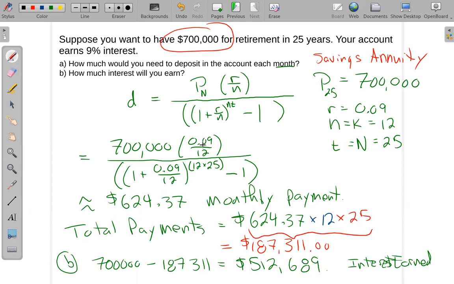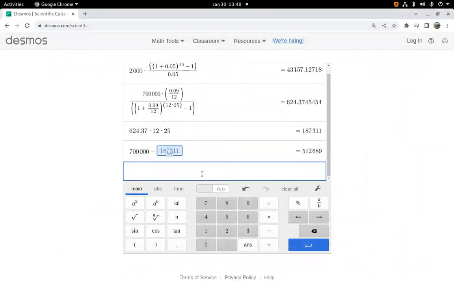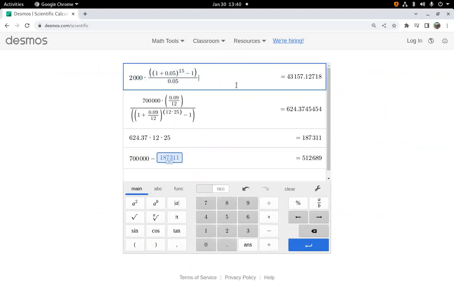If you want to double check that we have the right payment, you could go back and put it in the regular annuity formula, which is basically the flip of the one I have here. So to check that those payments will give me 700,000 with accumulated interest, I'd use the formula like the one above here.